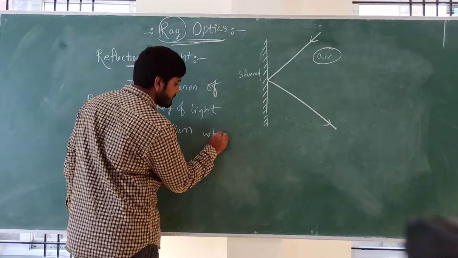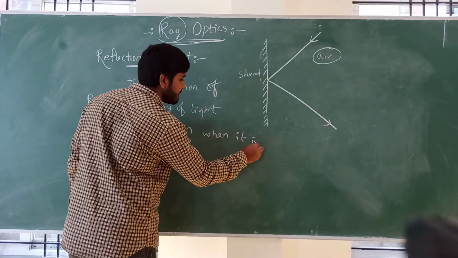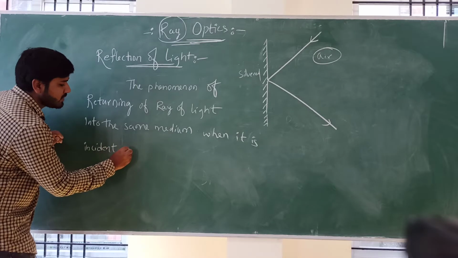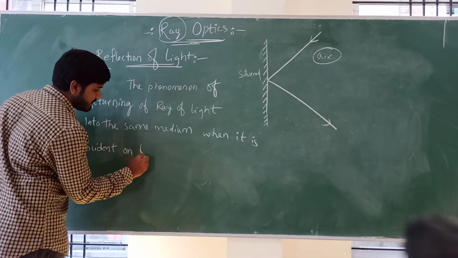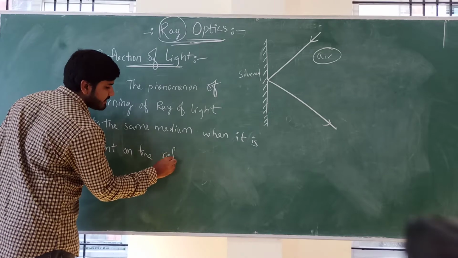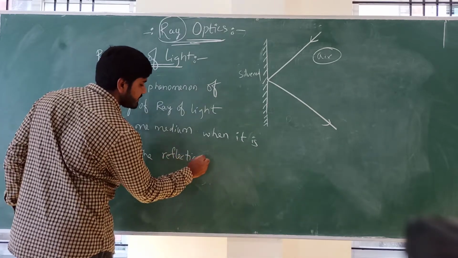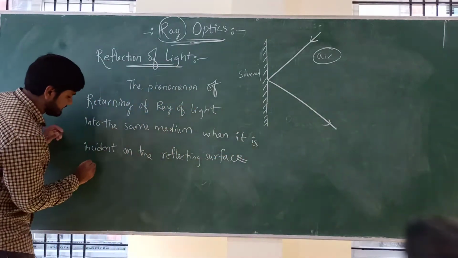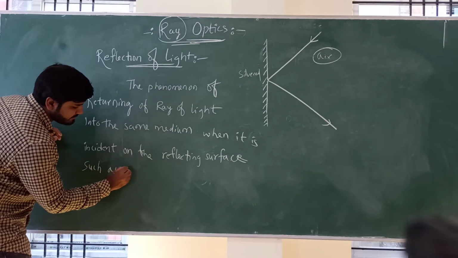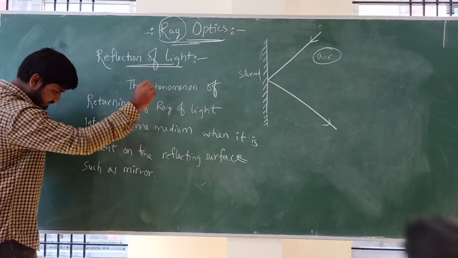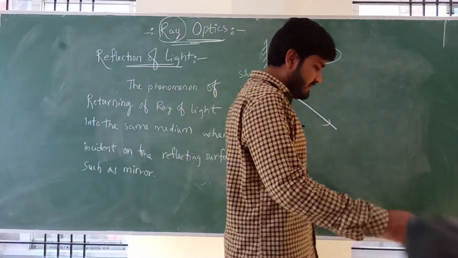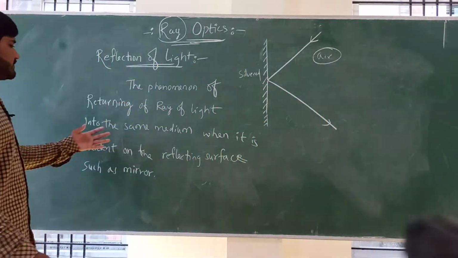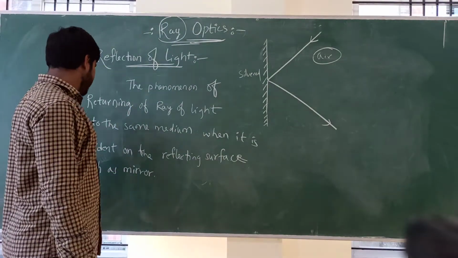So the phenomenon of returning of ray of light into the same medium when it is incident on the reflecting surface such as a mirror is the definition of reflection of light.